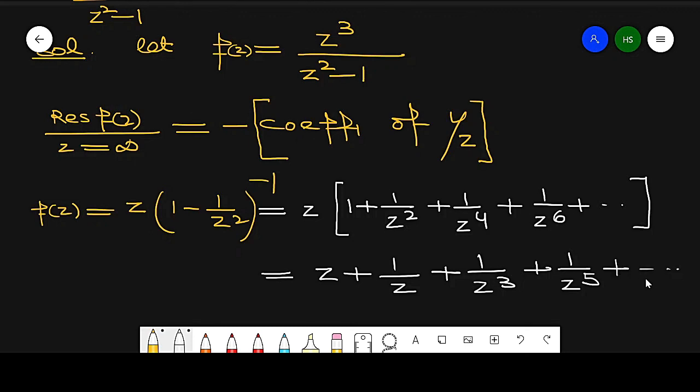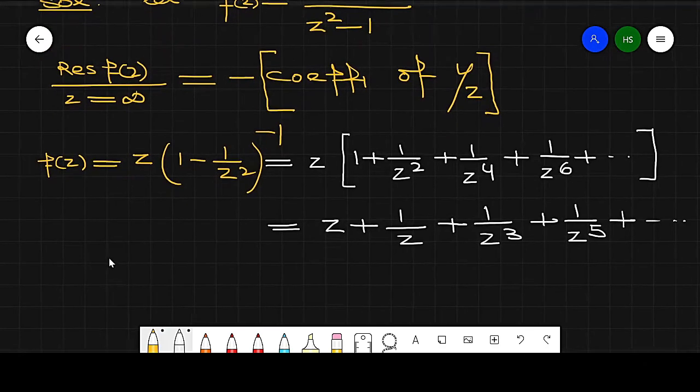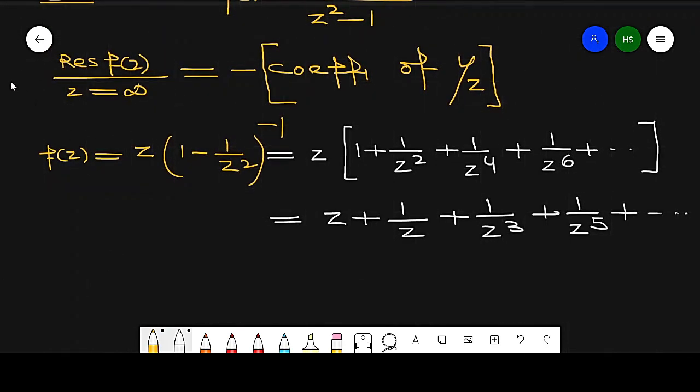Now what is the coefficient of 1 by z? It is 1. So substitute in this equation. In this way we find that the residue of the function at infinity is equal to minus 1. So this is my answer.